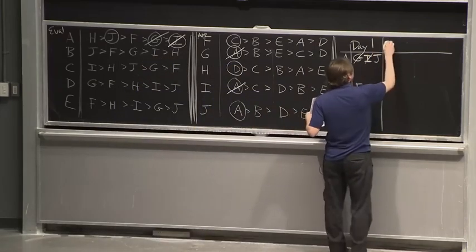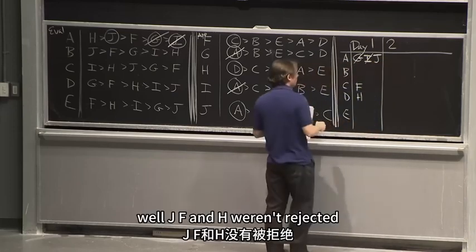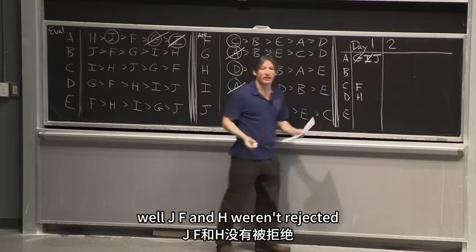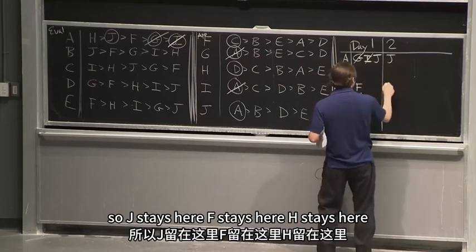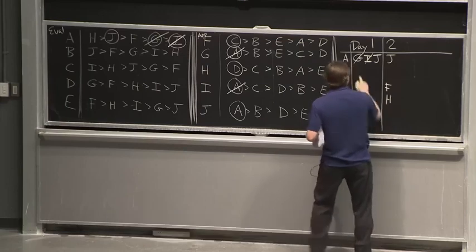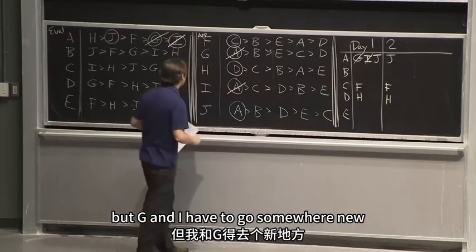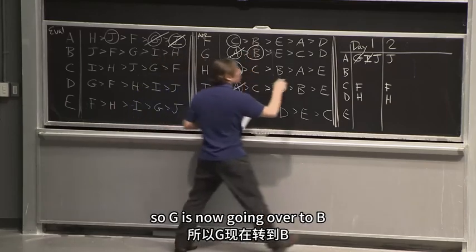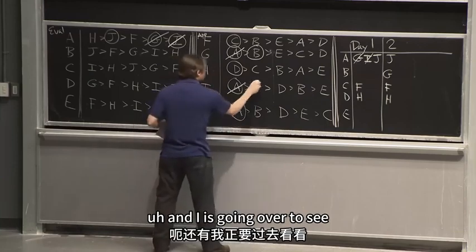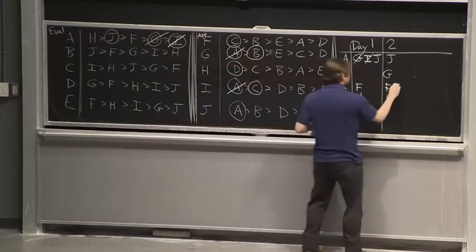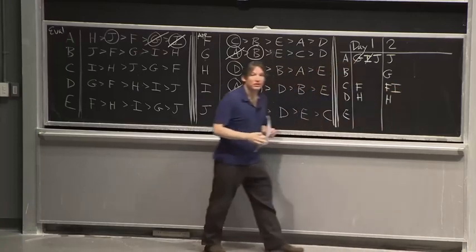What about day 2? Well, J, F, and H weren't rejected, so they stay where they are. But G and I have to go somewhere new. So G is now going over to B, and I is going over to C. All right?